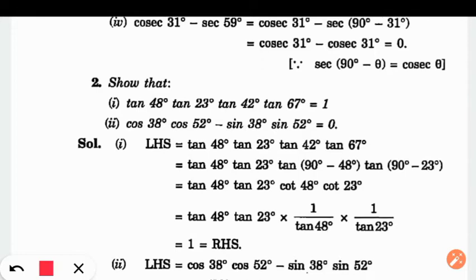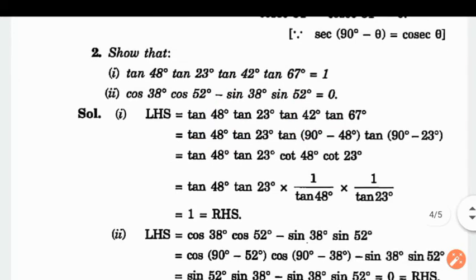Now first of all, see which two angles are complementary to each other. 23 degree is complementary with 67 degree, and 48 degree is complementary with 42 degree. So we can apply the formula here, right? Keeping the first two as they are, I am changing the last two.